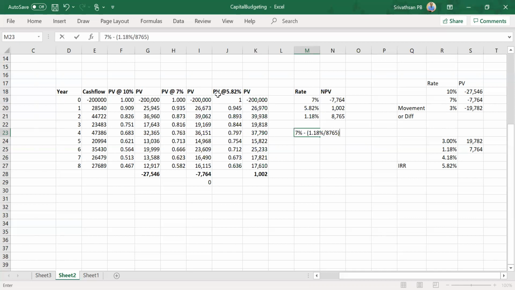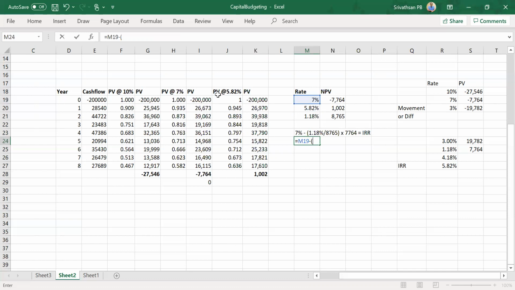Or for every rupee change, what is the percentage change we are calculating? Now multiply that, I have put it in the bracket because it's a separate working, and then multiply by the amount we need to bring down the NPV by, 7,764. So if you do this, you will get your IRR.